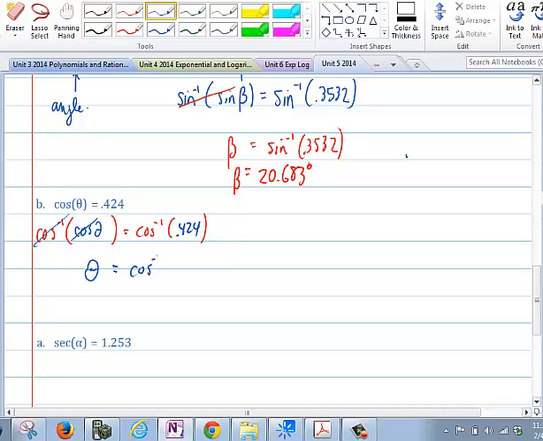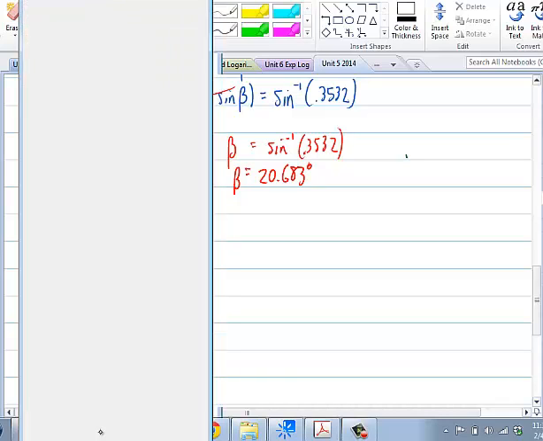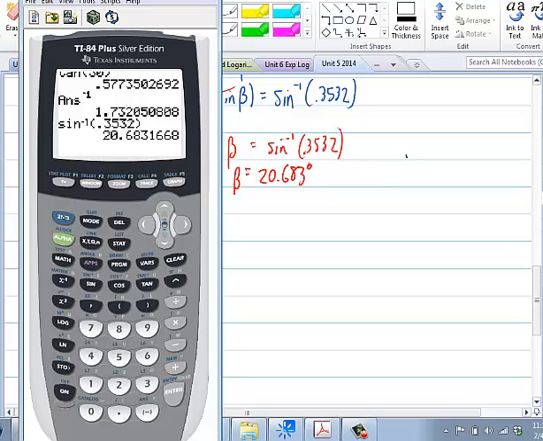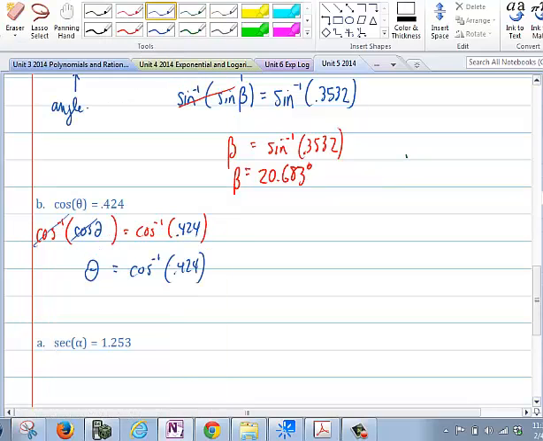And then the angle you want, when you put the ratio inside, let's use a calculator again, the inverse cosine of 0.424. Hit enter, and that says it's 64.91 degrees.